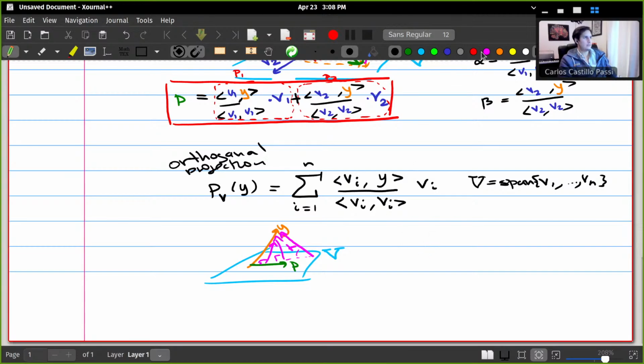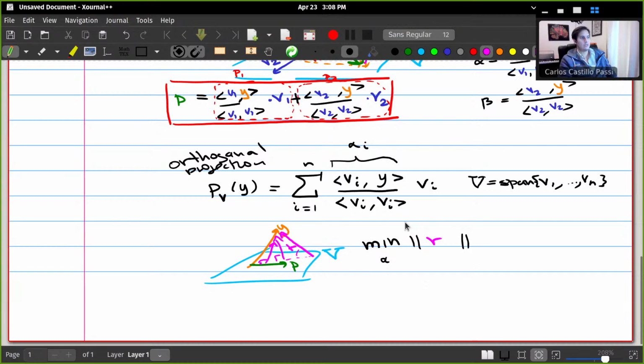can be written as a minimization problem in which we want to find coefficients. Let's say these coefficients are called alpha sub y, so a vector alpha, such that the length, or the norm, of this R is minimum.